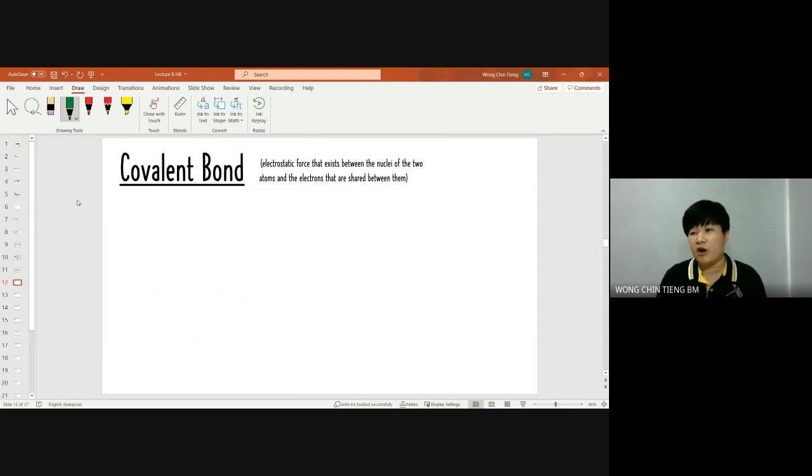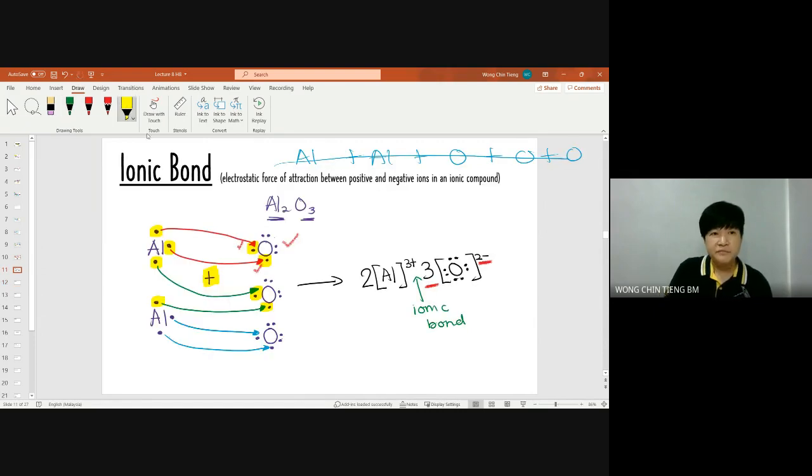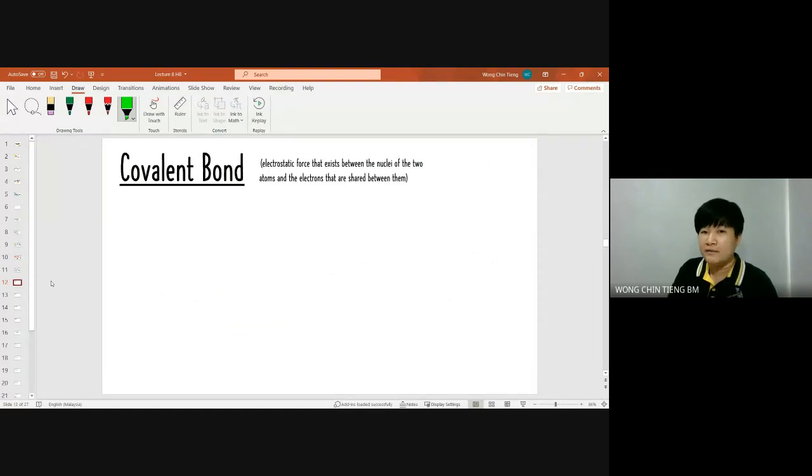The biggest difference in covalent bond and ionic bond is actually this type of arrow. Kalau dalam ionic bond, kita guna single-headed arrow. Tapi bila dalam covalent, the biggest problem is they are sharing. So bila they are sharing, they will be using double-headed arrow.